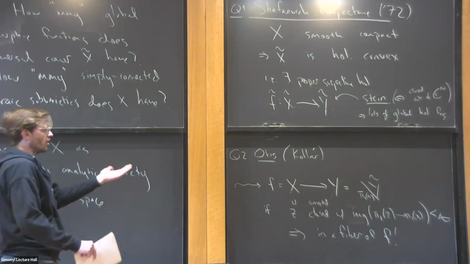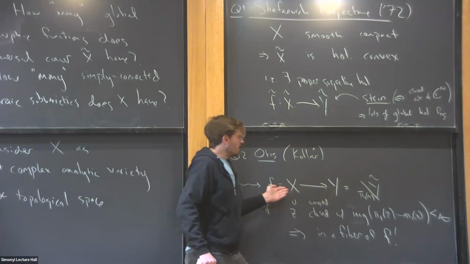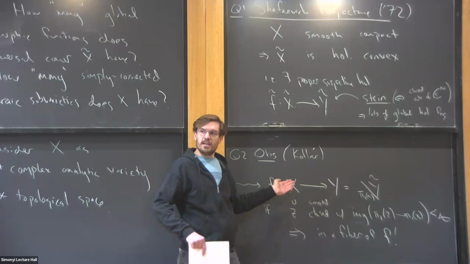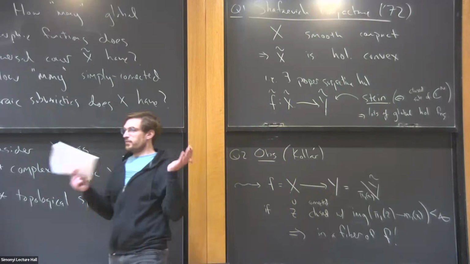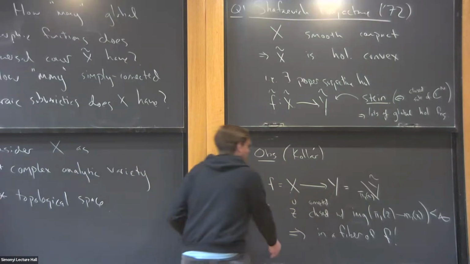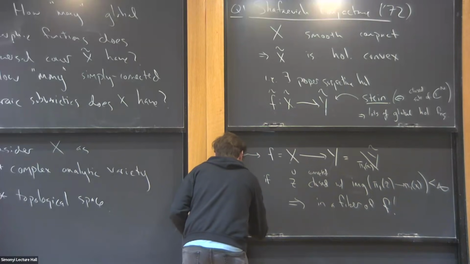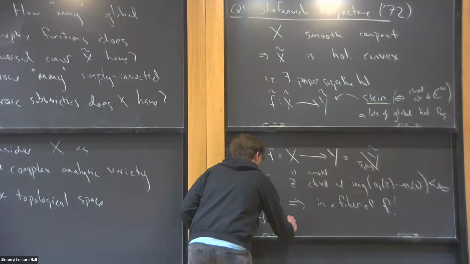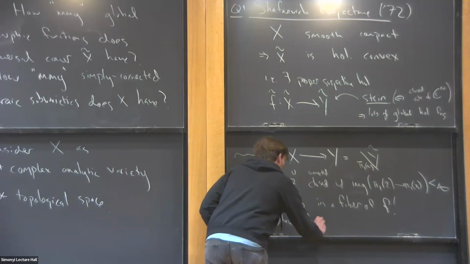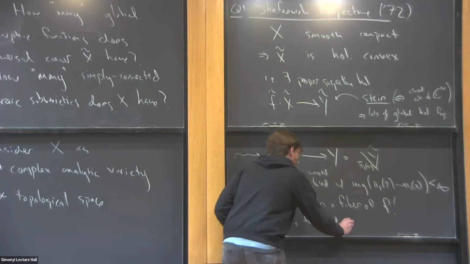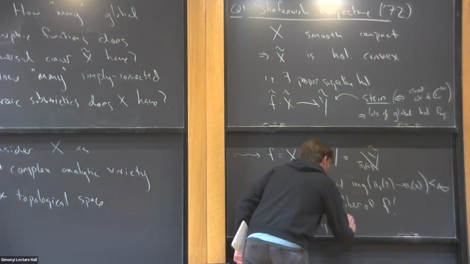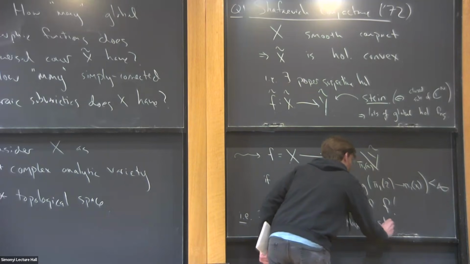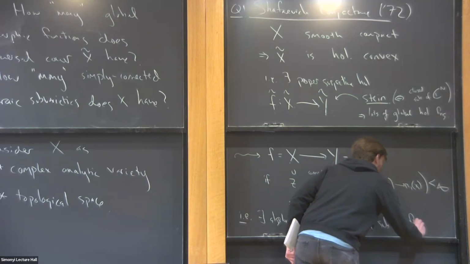So in other words, this map is giving us the algebraic family of all maximal subvarieties with finite pi 1 image, i.e., there exists an algebraic family of maximal subvarieties with finite pi 1 image.